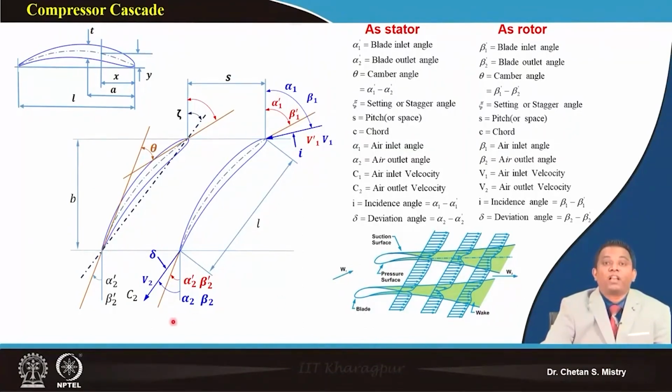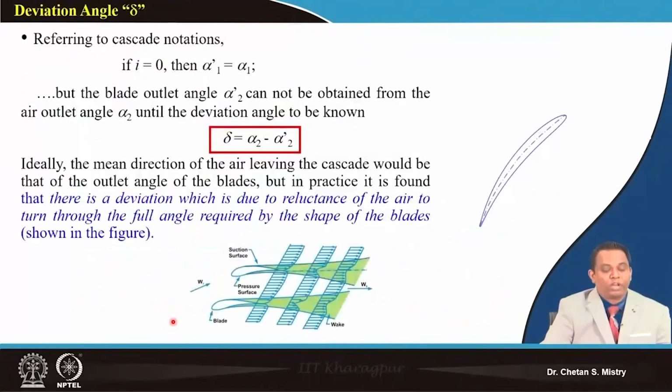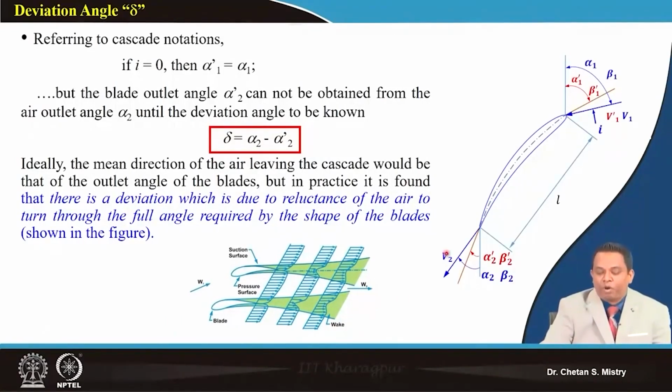Now this deviation angle is also equally important. Let's look at what we have realized. This is what we have defined as the deviation angle. Suppose I have my incidence angle to be 0, that is my design condition, but still my deviation angle can never be 0. This is because of the inherent property of the aerofoil, because of what is happening on the suction surface of the aerofoil.